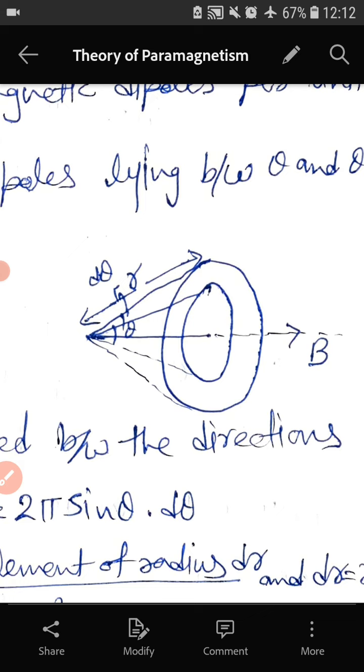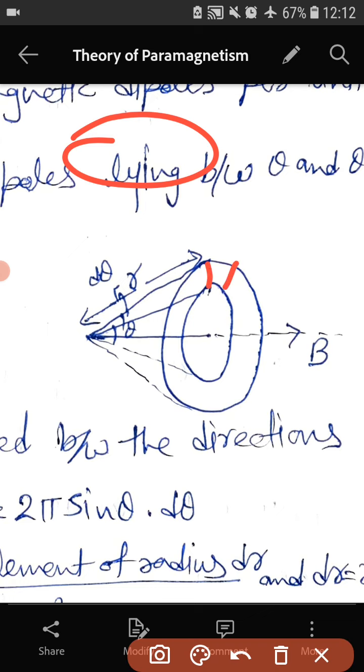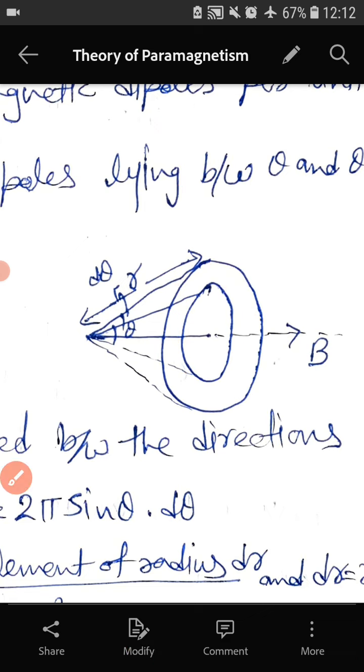Now we want to calculate the number of magnetic dipoles which lie in this range, where the angle varies from theta to theta plus d theta. For each magnetic dipole lying in this region, the potential energy will be U equal to minus PmB cos theta.